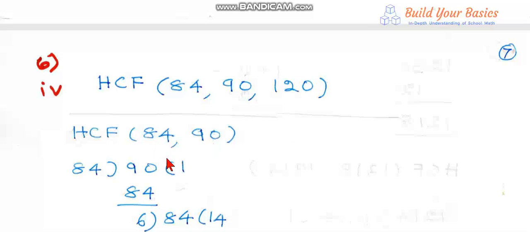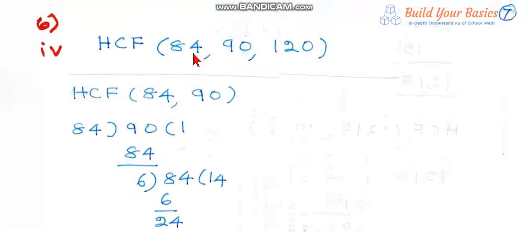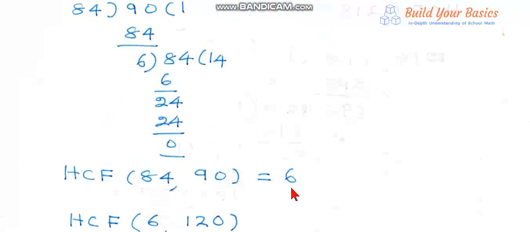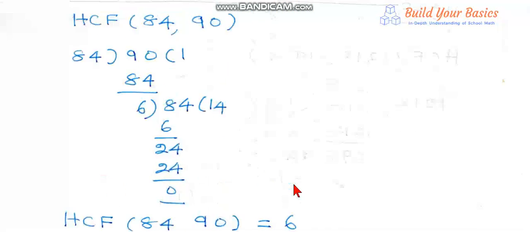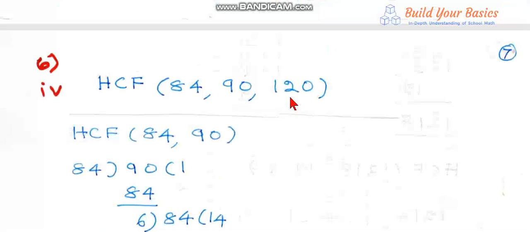We find the HCF of 84 and 90. The bigger number 90 is divided by 84, leaving remainder 6. This 84 is divided by 6, leaving remainder 0. So HCF of 84 and 90 is 6. Now forget 84 and 90, take 6. You have to consider now the HCF 6 and the third number 120.